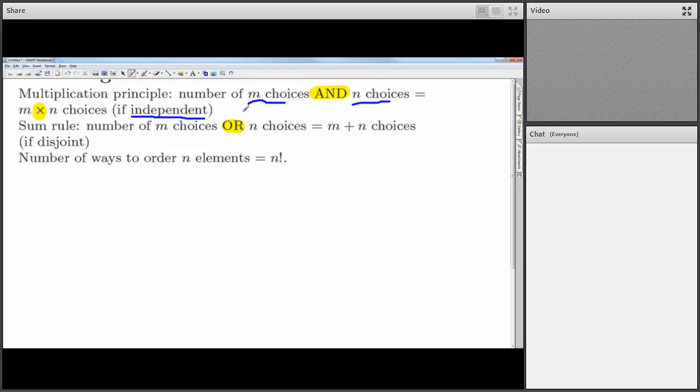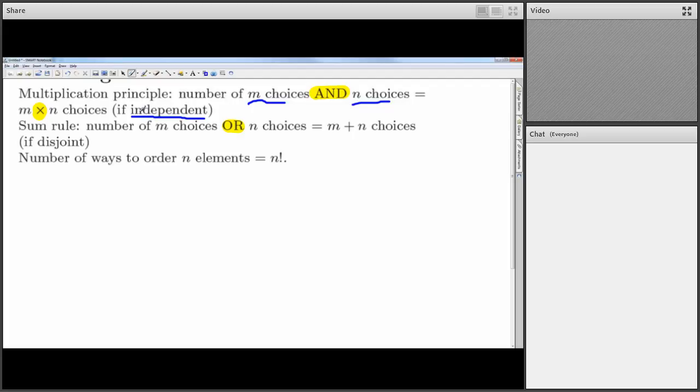An example where that would not be true is if you're picking words in English, for example, and you've got to pick the first letter and then the second letter, etc. So you want to pick some letters and make a word up in English. The first letter you pick, well, you can pick anything. So if you want to pick a word of length 4, any letter can start a word of 4.